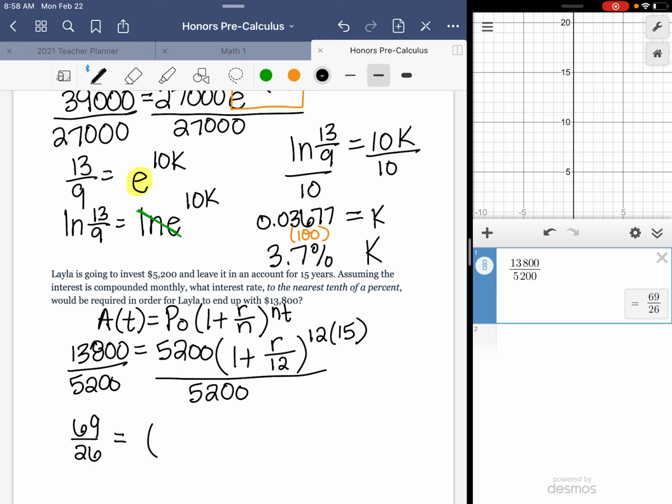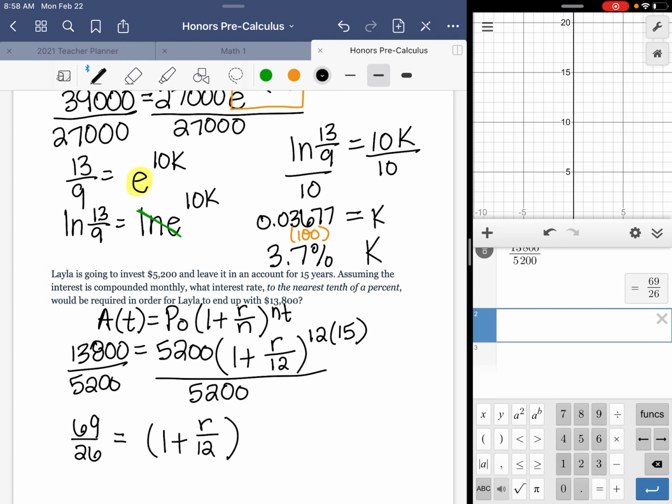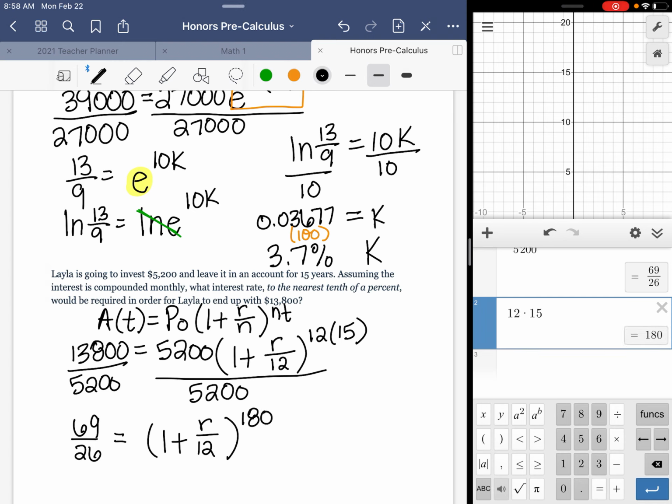So now I have 1 plus r over 12 raised to, we can go ahead and simplify that if you'd like, 12 times 15, which is 180. Now, in this situation, if I convert this into a logarithm, I've got 1 plus r over 12 in my base, and that's not going to help me because I'm not going to be able to solve that in the base. So how do we handle this?